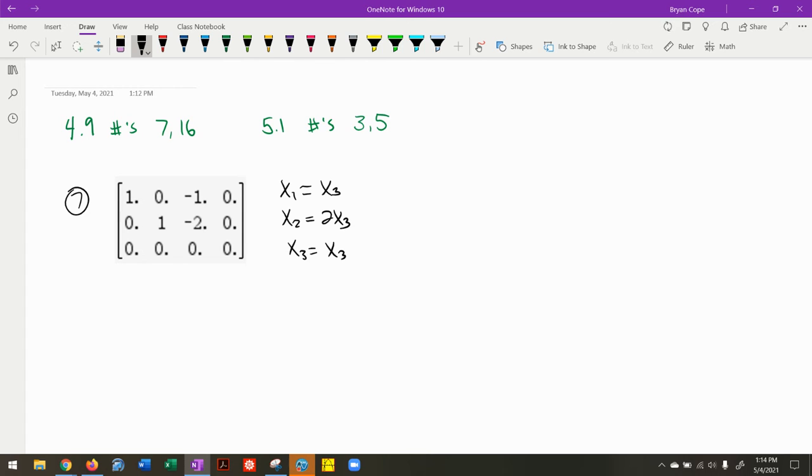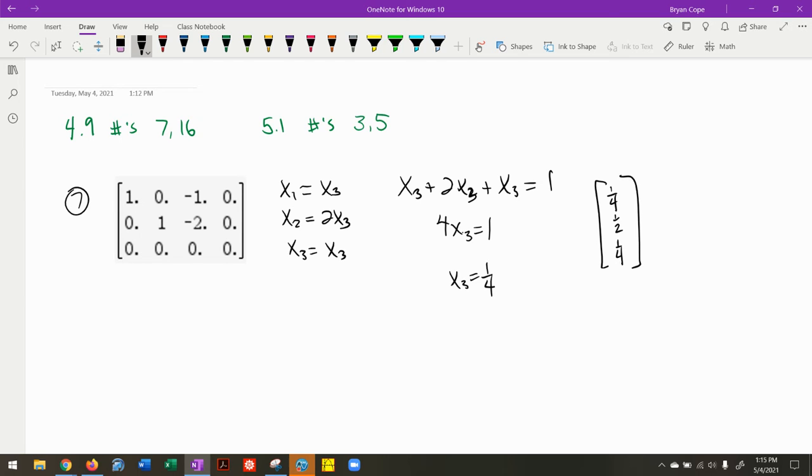But we still have the condition that x1 plus x2 plus x3 must equal 1, or 4x3 equals 1, so x3 equals 1/4. If that's the case, then our steady state vector should be the vector 1/4, 1/2, 1/4.